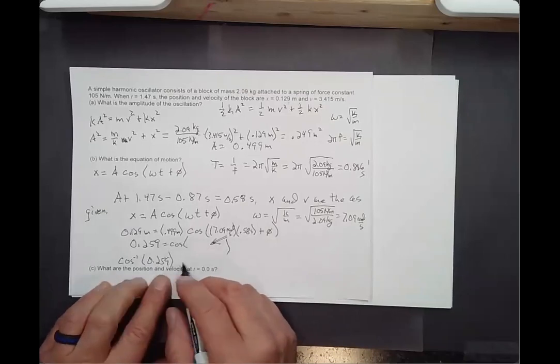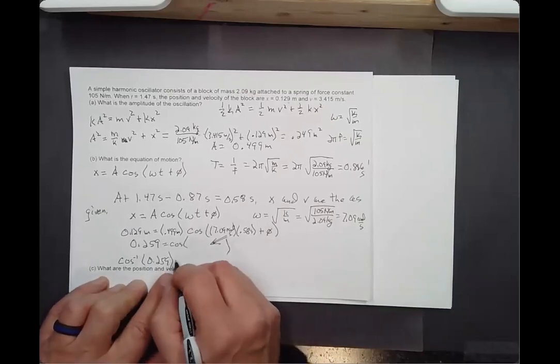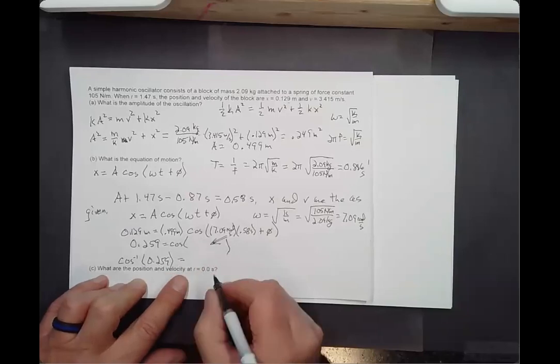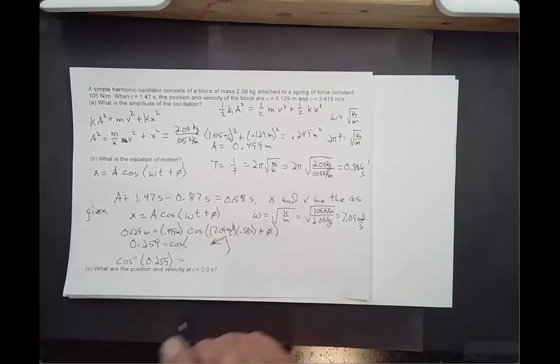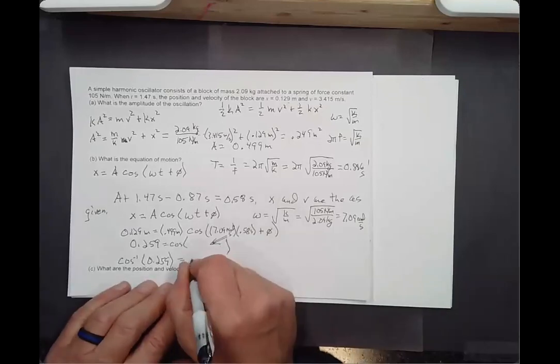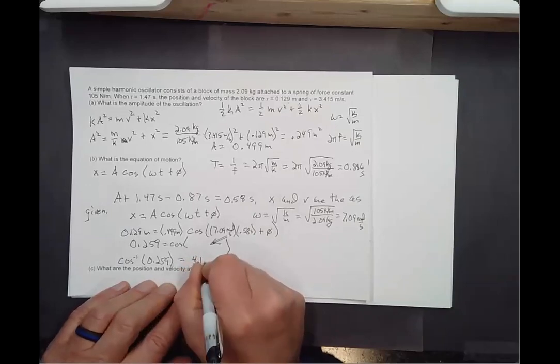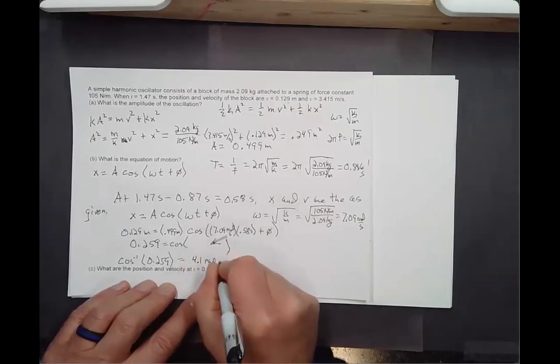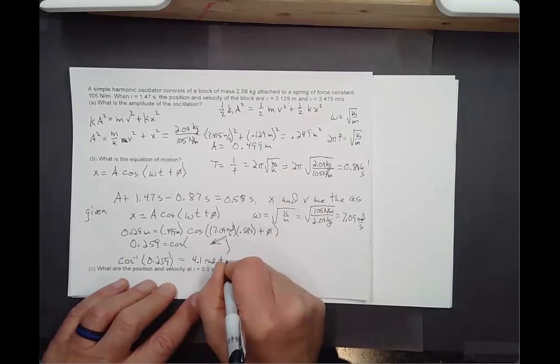Inverse cosine of that thing is going to equal, I can multiply these two, 7.09 times 0.58, which is 4.1 plus phi.